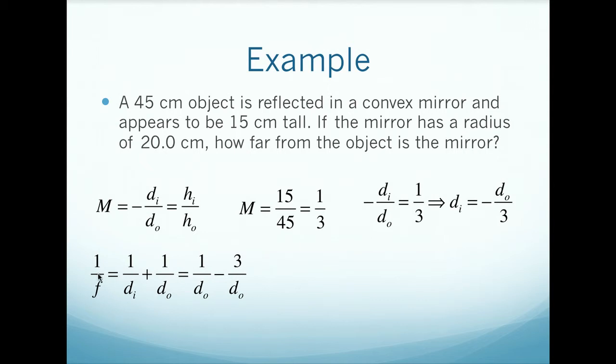Focal length is half of the radius, but you need to remember that since it's a convex mirror, it's going to be negative. It's not 10, it's negative 10 in this case. So 1 over negative 10 equals negative 2 over do. From there, do is 20 centimeters.